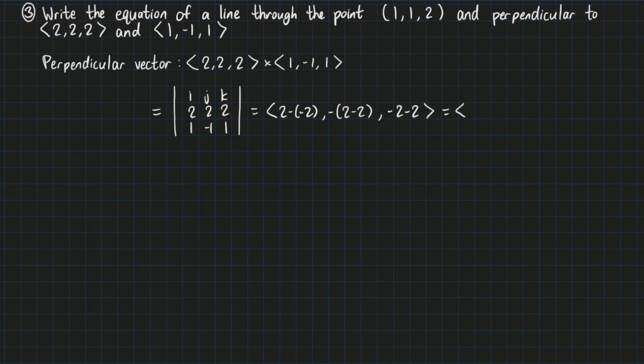So the perpendicular vector is (4, 0, -4). Now that we have a point and a vector, we can put it in the vector equation: r(t) equals (1, 1, 2) plus t(4, 0, -4).